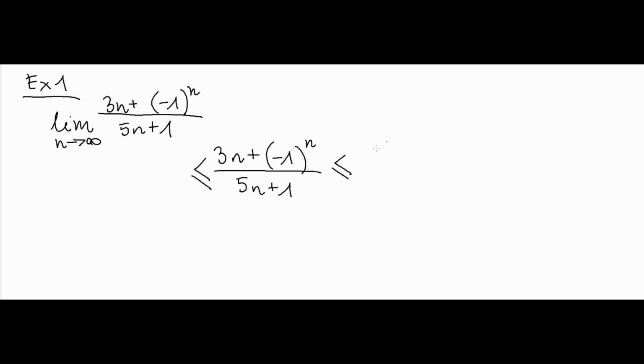I just need to rewrite 3n plus something that is bigger than minus 1 to the power of n. You can take any number you want, so I'm going to take 100 and just rewrite 5n plus 1. And as you can see, this sequence is bigger than the one previously written. So now we can just calculate the limit of this one.